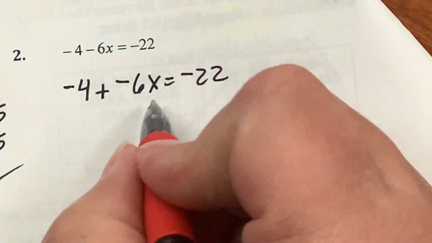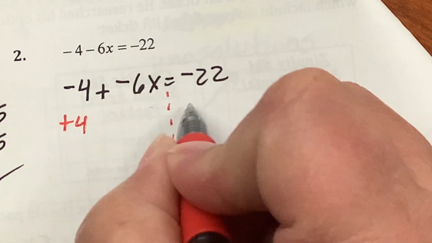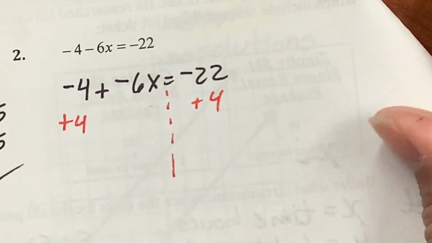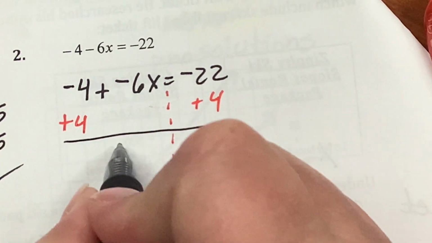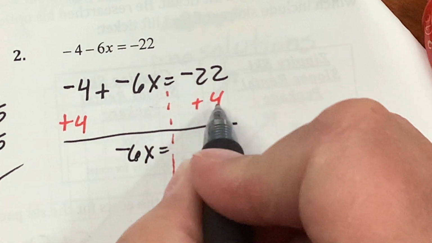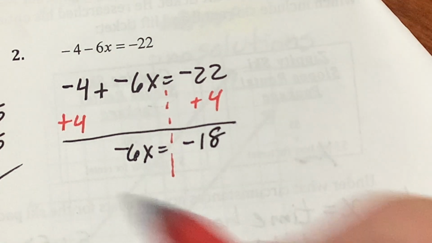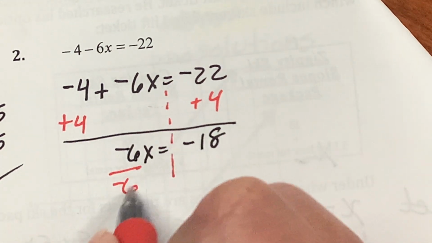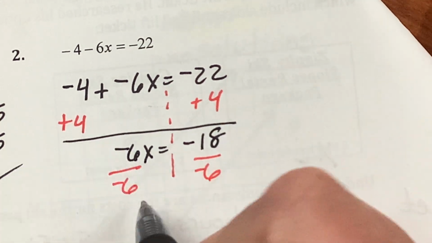Okay, I have to get over the equal sign again, so I'm going to add 4 to both sides and get negative 6x equals negative 22 plus 4, which is negative 18. Divide both sides by negative 6 and get x equals 3.